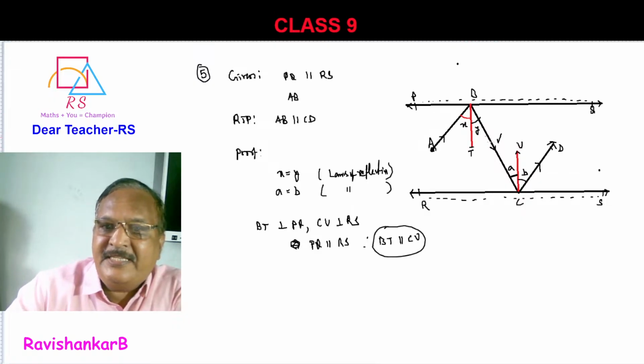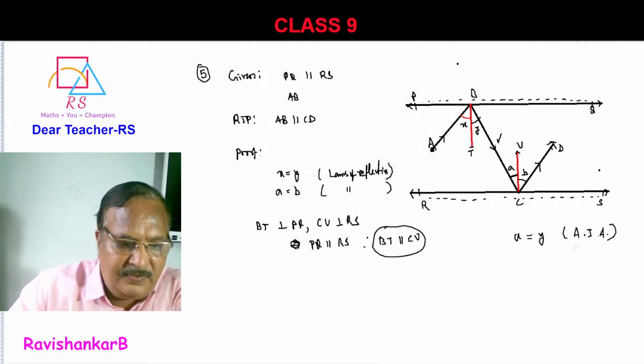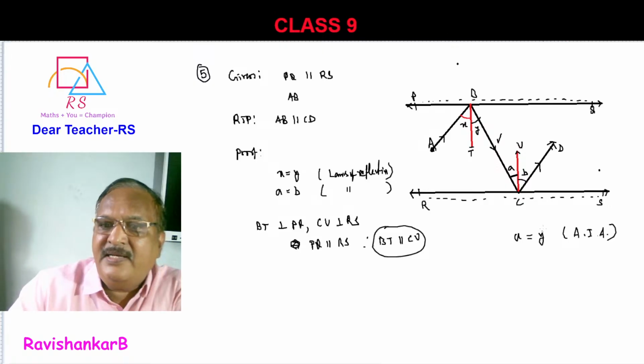If BT is parallel to CU and BC is a transversal, therefore a is equal to y, because a and y are alternate interior angles. So a is equal to y.